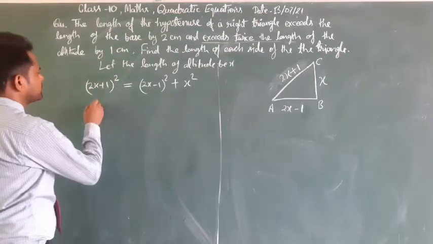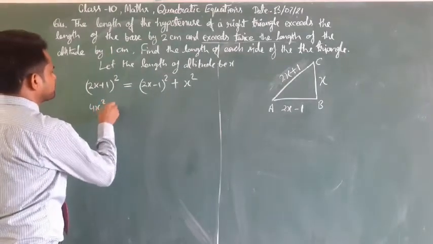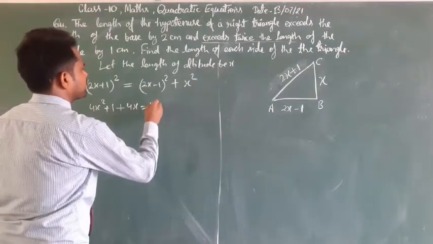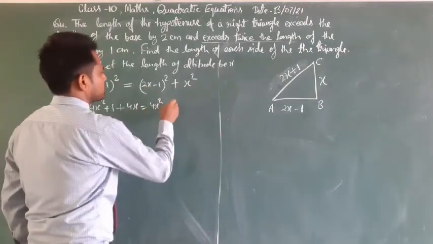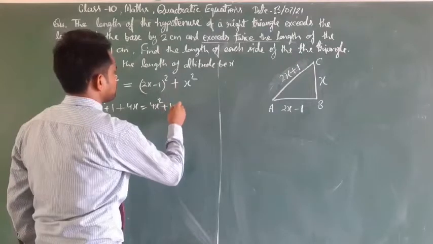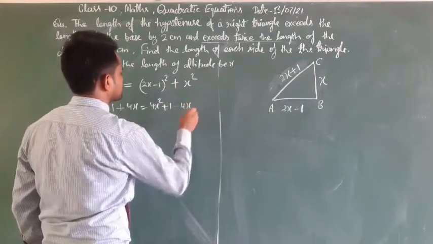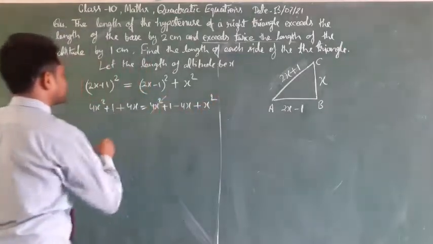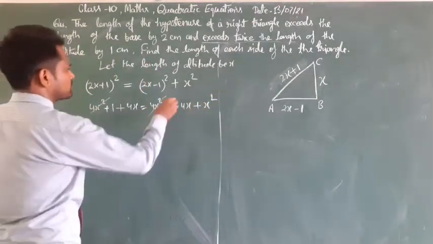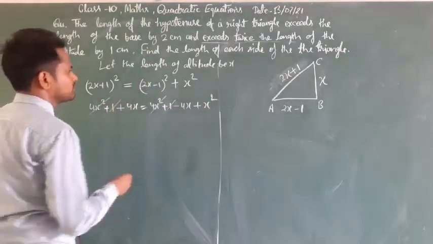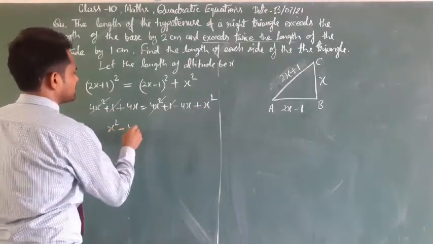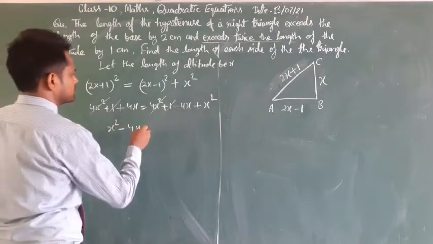Solve this, we get 4x square plus 1 plus 4x equals 4x square plus 1 minus 4x plus x square.